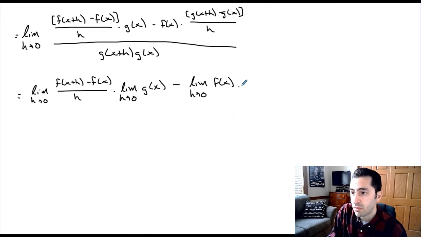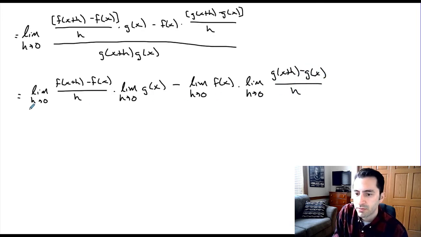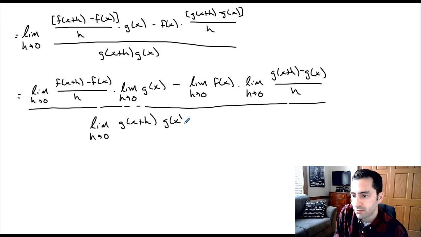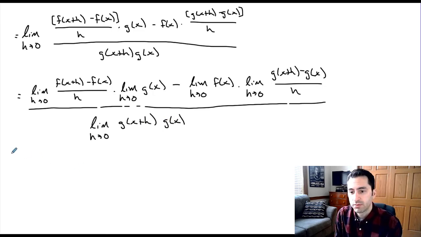And that limit is being multiplied by the limit of the difference quotient for g. So g of x plus h minus g of x. And this is over h. And then we'll use our quotient property for limits. And we'll take the limit as h goes to 0 of the denominator. So everything's separated out. We have the limit of each of these individual pieces, and we should be able to simplify and find the limit of all of this.